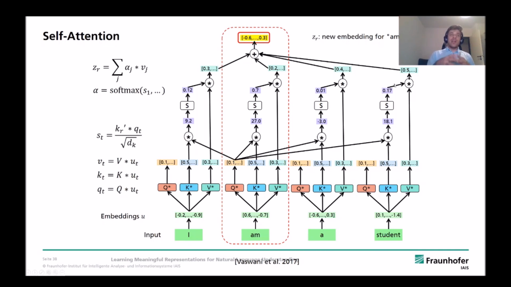So without using recurrent neural networks, we process the sequence here and contextualize this embedding. And we get a new contextualized embedding for the word "am". And instead of doing this only once, we can do this multiple times, and of course for all of the words. And what is so nice about this transformer architecture is we can do this essentially in parallel for all of the words here. So this is highly parallelizable.